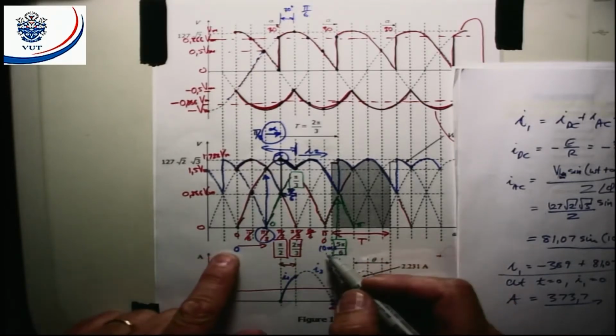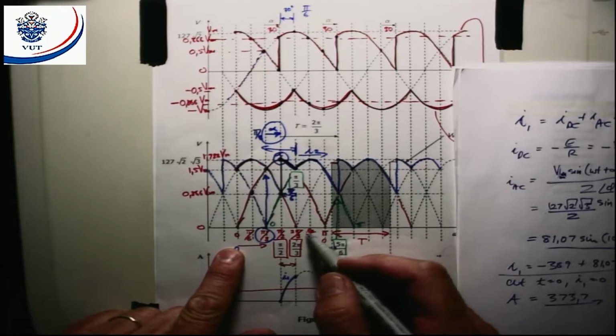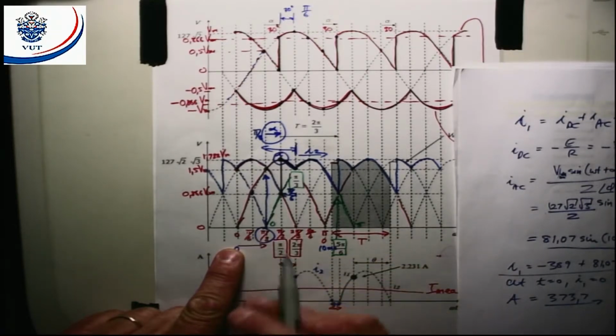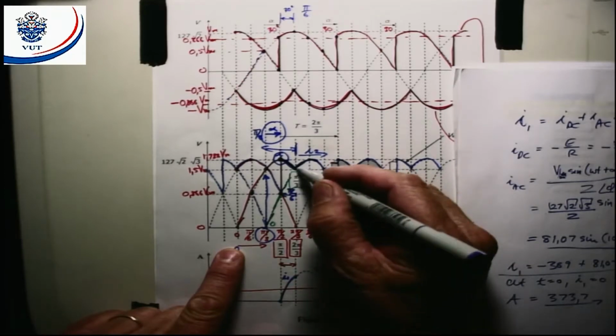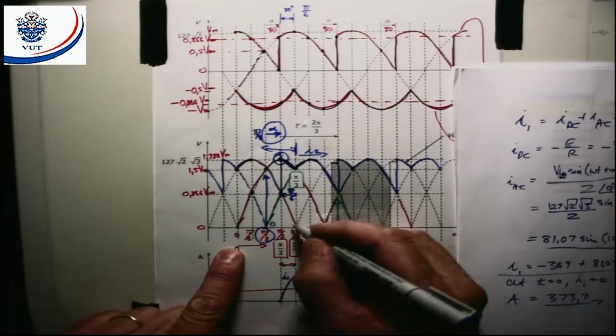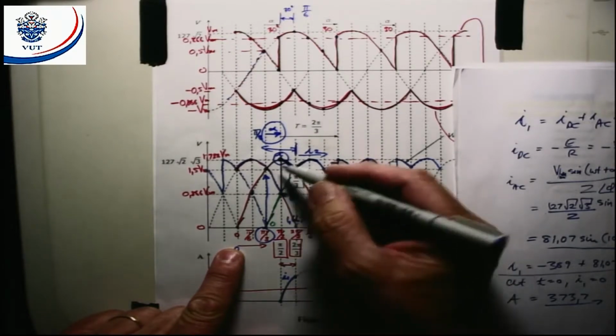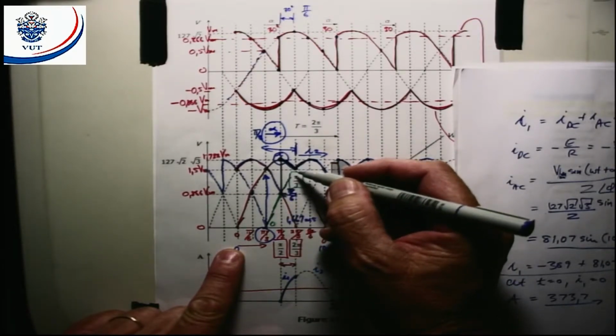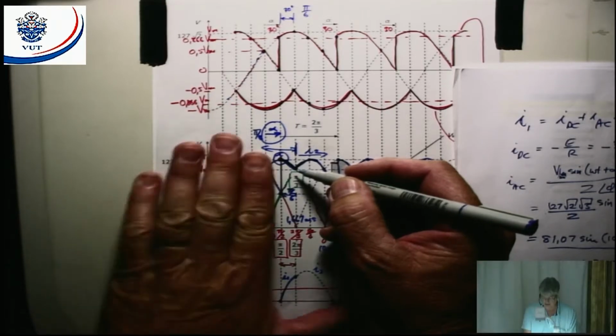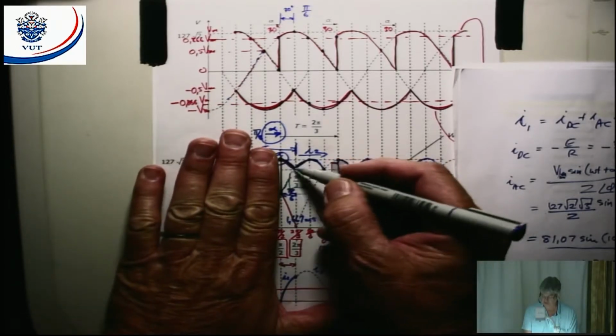If I take 10 milliseconds and divide it by 6, I get 1.667 milliseconds. So that point there is 1.667 milliseconds after we applied that voltage to the motor.